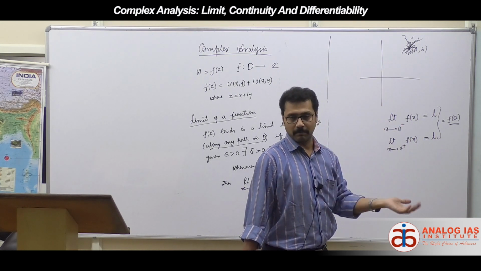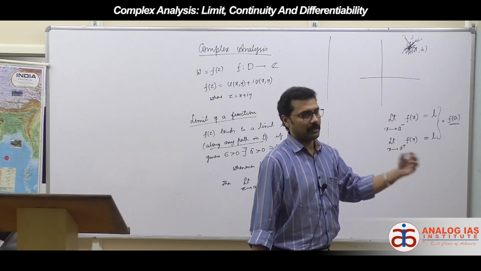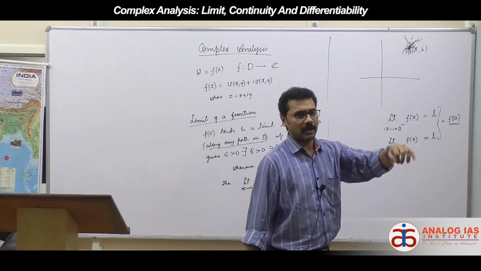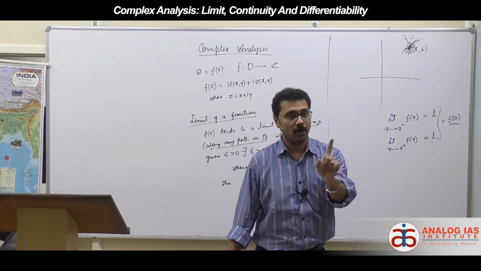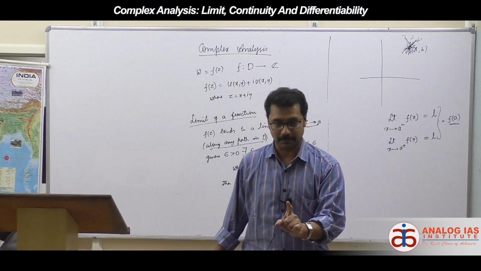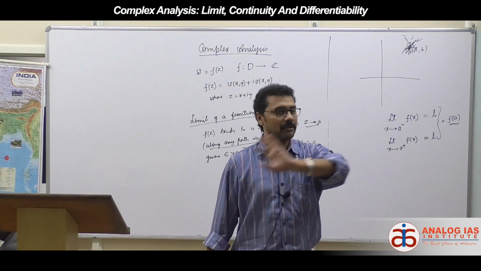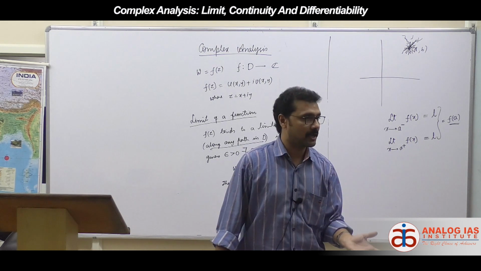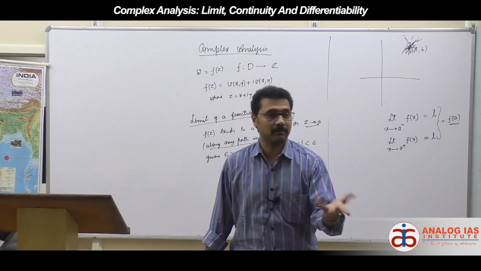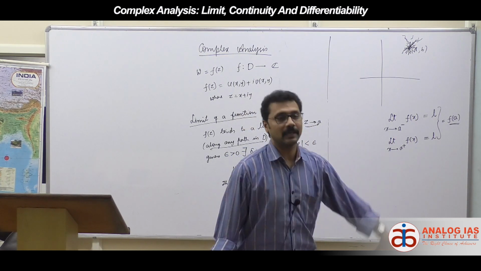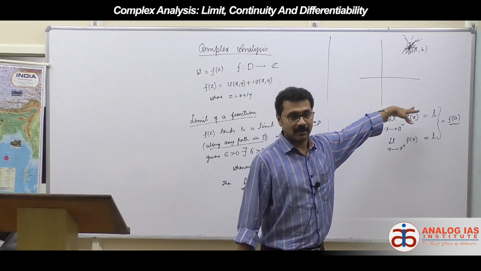It's the top limit, bottom limit, this limit, that limit, any limit you consider. You travel through any path to approach the point (a, b). All the limit values have to be the same. So for all these infinite limits, you have to calculate each limit, and each limit value has to be the same. Then only I can say the limit exists. Are you getting?